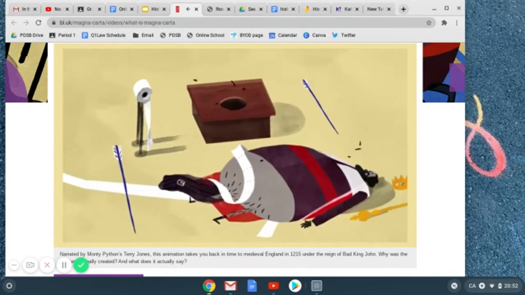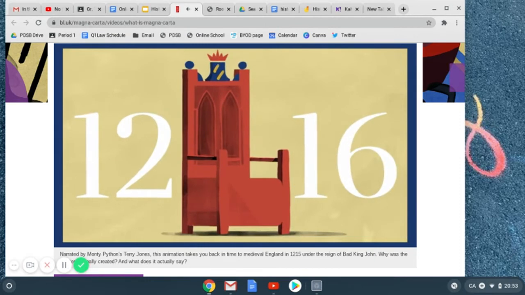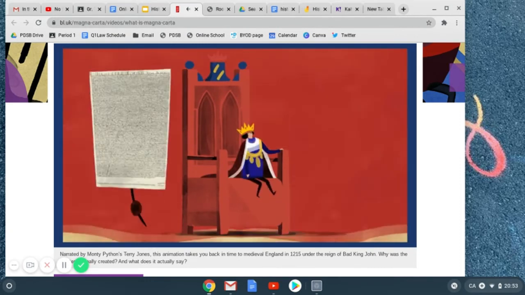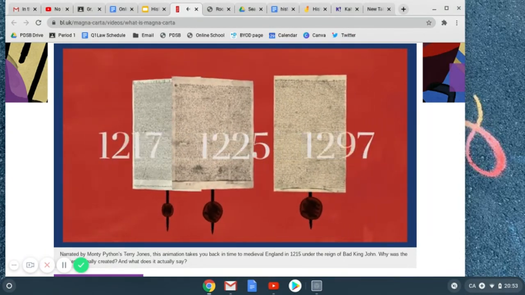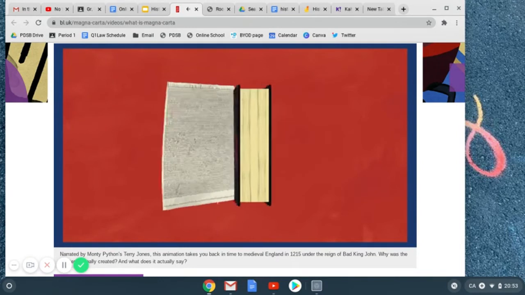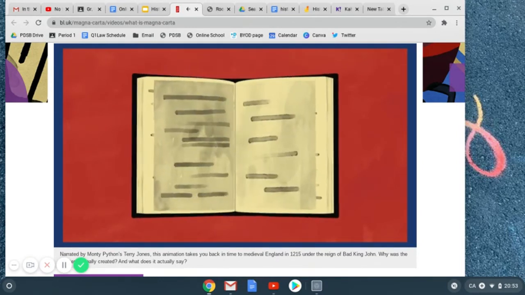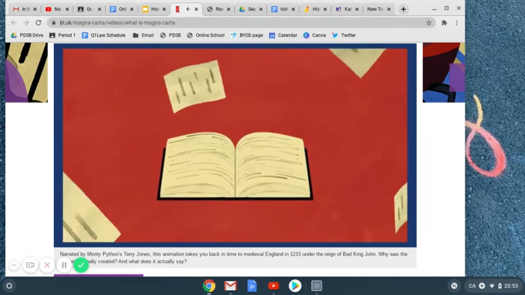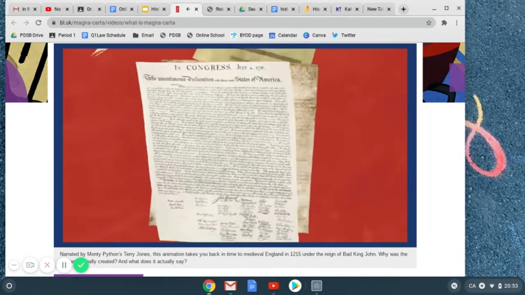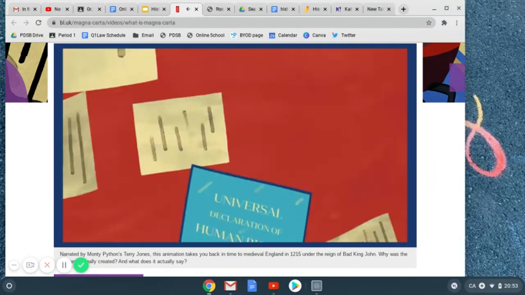When King John died of dysentery in 1216, 9-year-old Henry III took to the throne. To keep the peace, Magna Carta was reissued several times during the 13th century, until it was finally made part of English law. Magna Carta has lived on for 800 years and is echoed in the United States Declaration of Independence and the Universal Declaration of Human Rights.